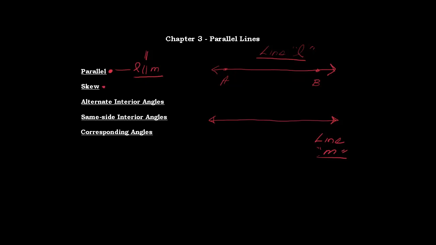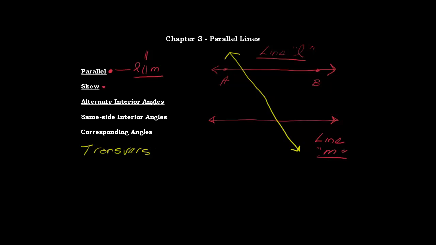Okay, I'm going to change some colors here. Now, what we're going to do is have these two parallel lines, and we're going to cut them by another line that cuts both of them, like that. And this line is called a transversal.